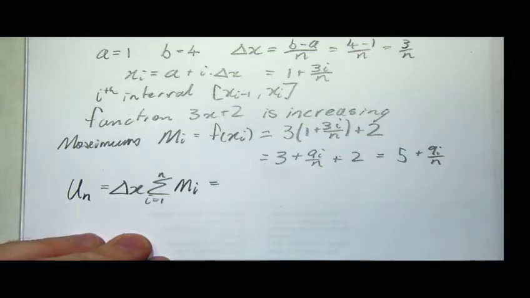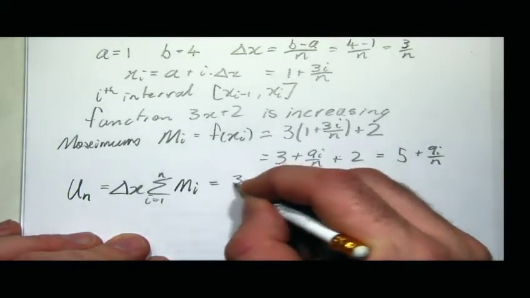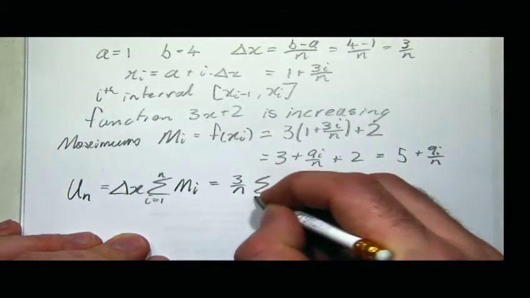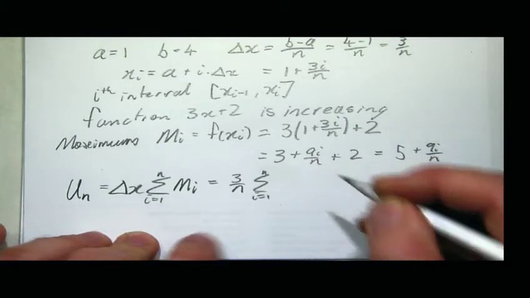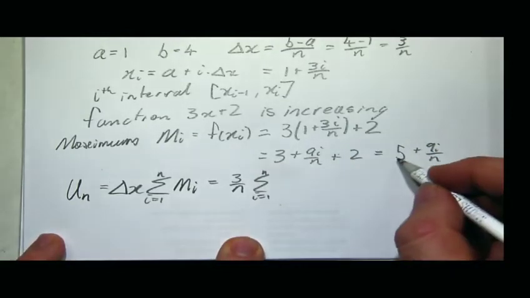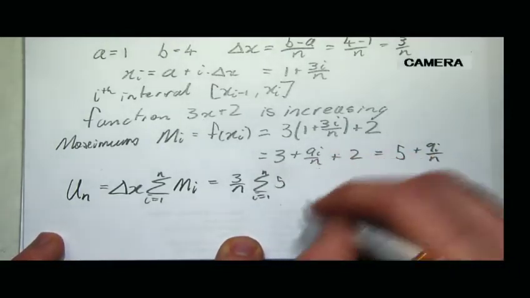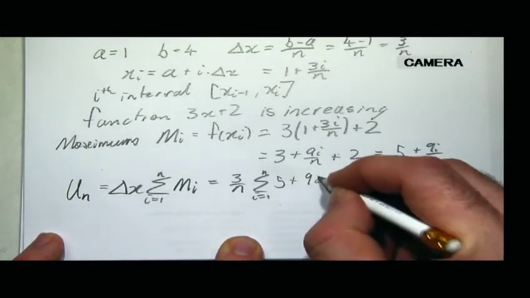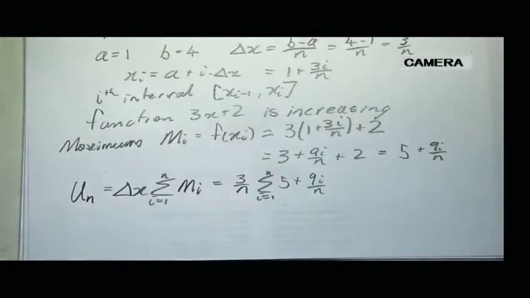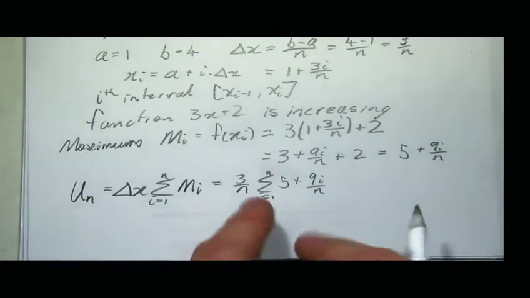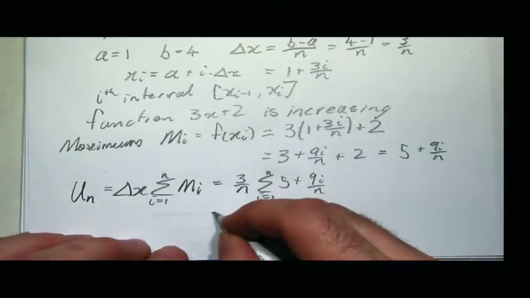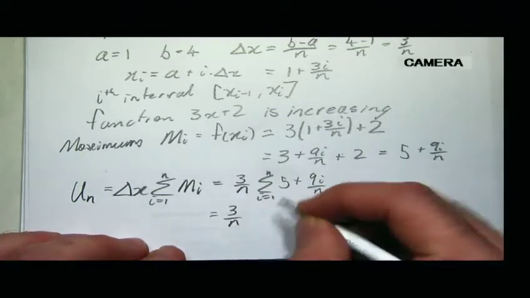So let's start putting in values. We've got up here that delta x is equal to 3 on n. So let's put that, 3 on n, sum i equal to 1 to n, and then we've got that maximum simplified, 5 plus 9i on n. Then I'm going to go back up and use my rules. I've got something plus something in here, so we're going to go 3 on n.